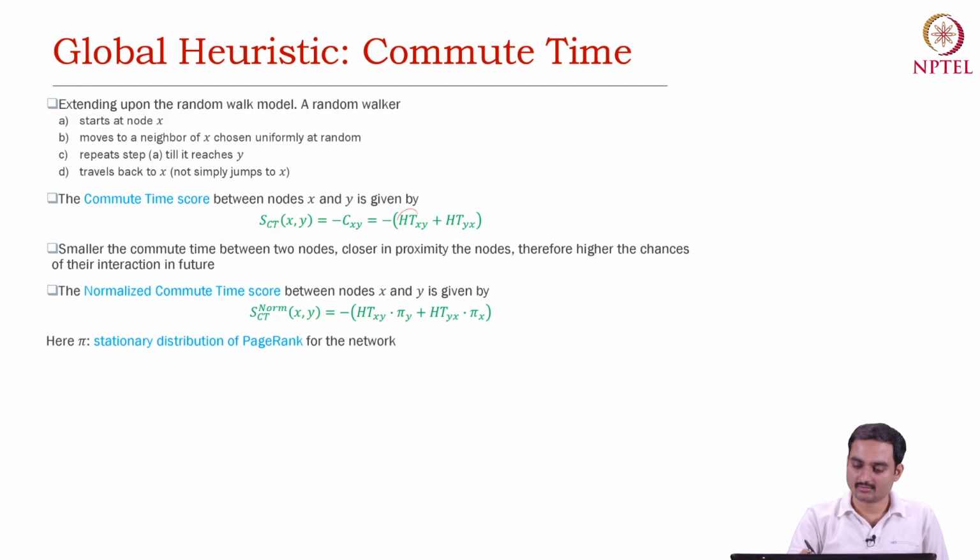So HT(x,y) and HT(y,x), you take the sum and that is your commute time, and of course you take the negative, for the same reason. And if you want to make it normalized, you multiply it by the stationary distribution of x and y in the PageRank process.